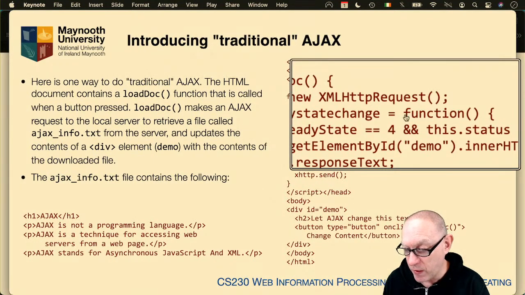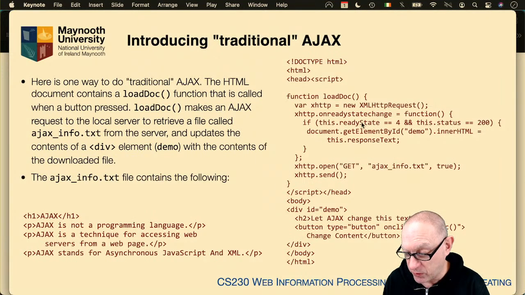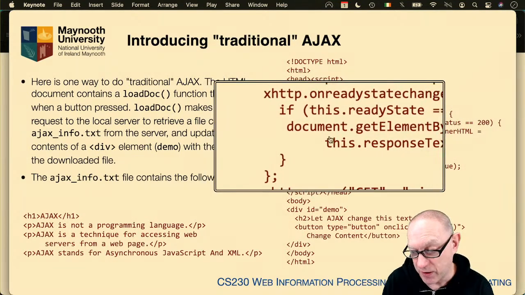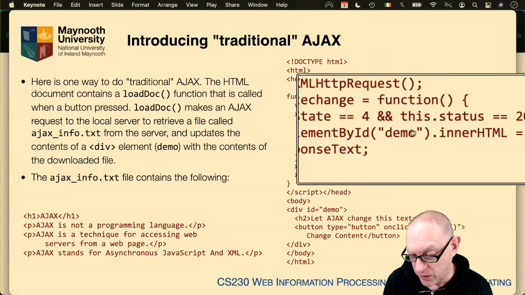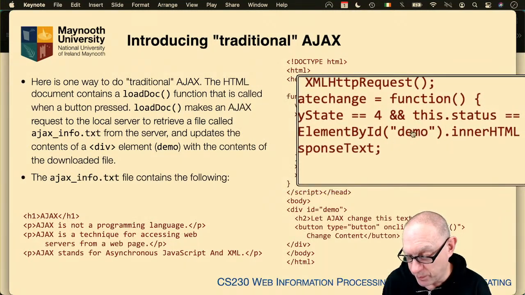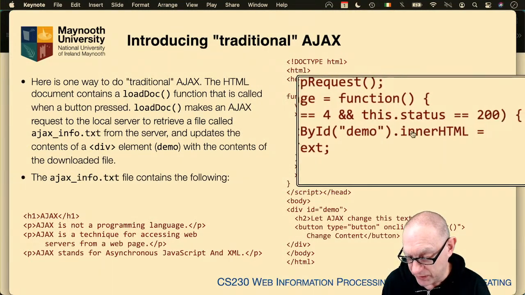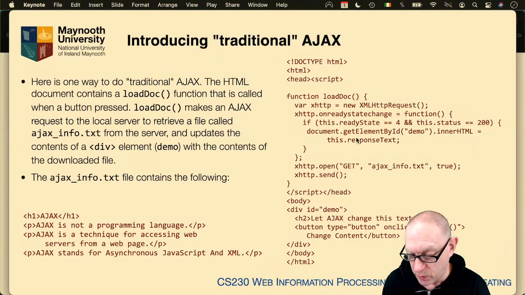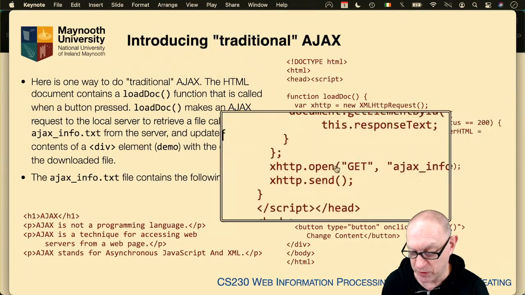As soon as we make the request and when it's finished, it executes this callback and checks the state and the status to make sure everything is okay. If we make the connection and everything is good and we manage to get the data, then we can execute this line of code here, which updates this div element's HTML with the contents of what was returned from the document file.